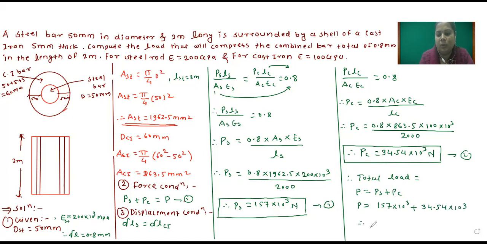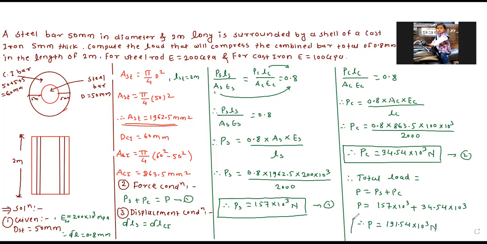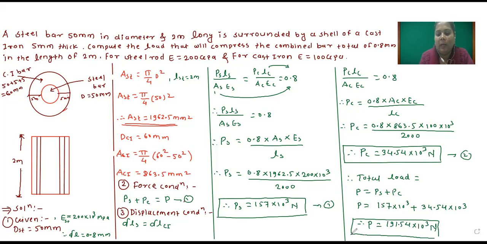Therefore P is equal to 191.54 into 10 raised to 3 Newton. So this is the total load that can be carried by both materials, that is cast iron rod and steel rod.